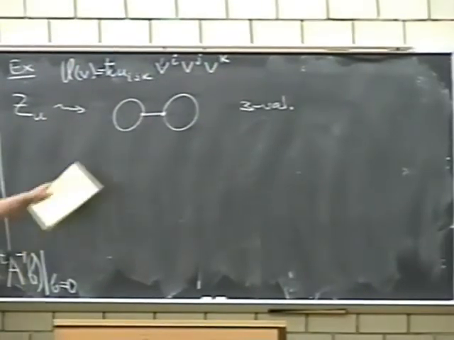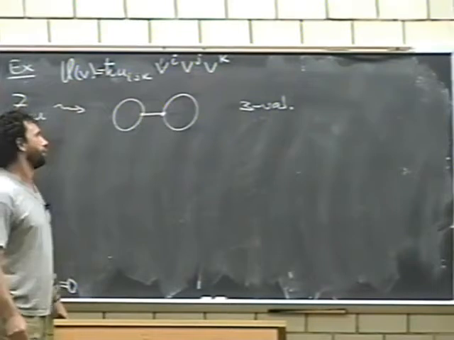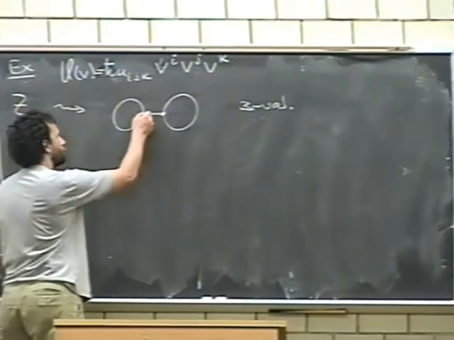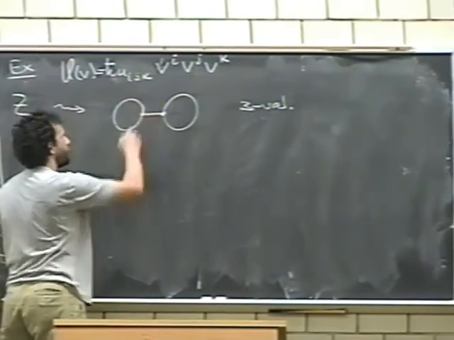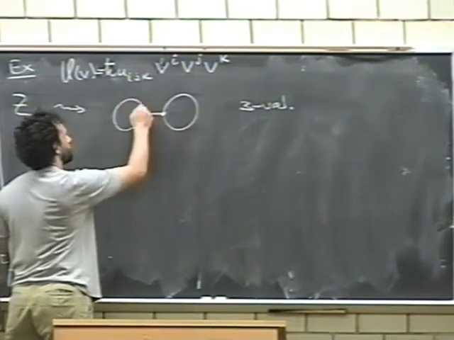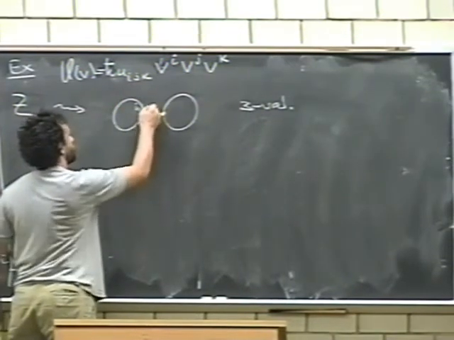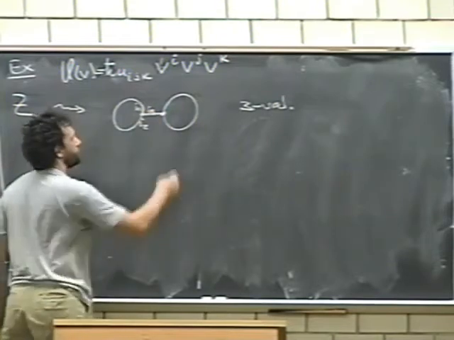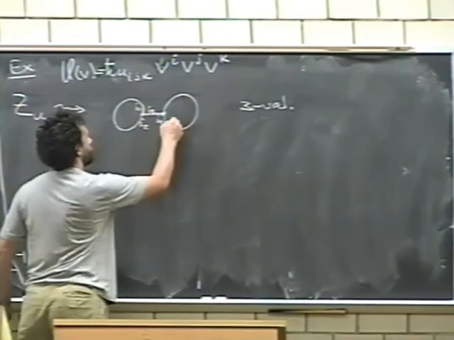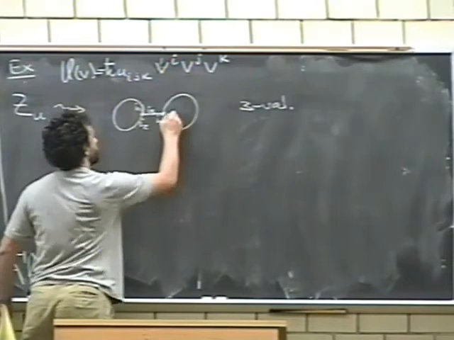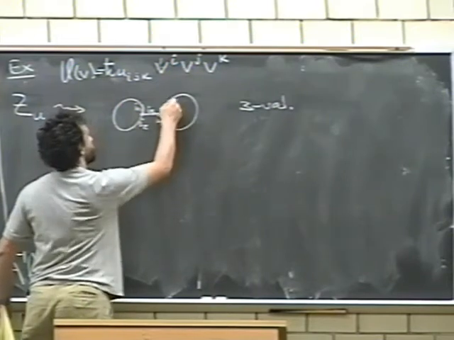Then whenever you're given a trivalent graph, you do the following. You put on each end of each edge some index, say I1, I2, I3, I4, I5, I6.